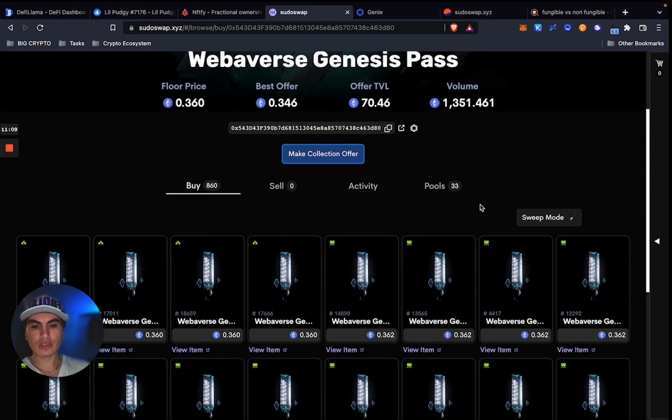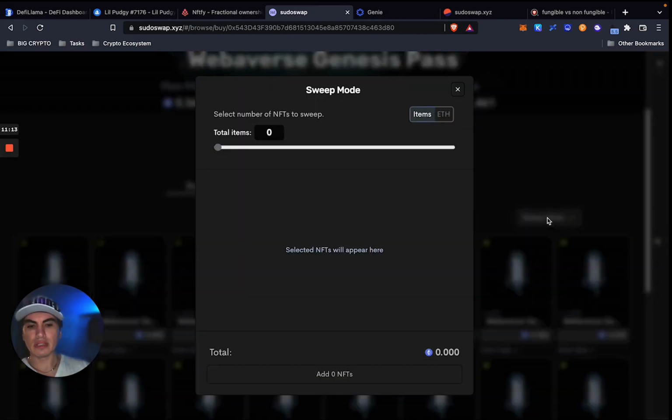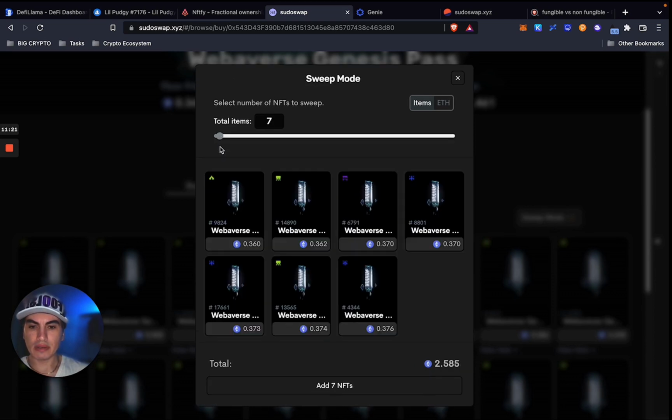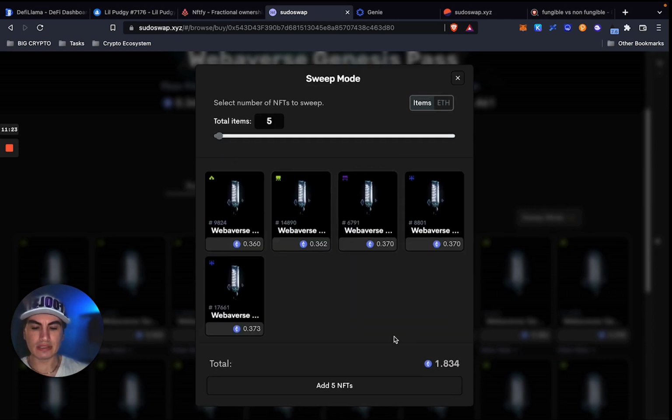And you can also do one cool thing called sweep mode. Sweep mode essentially allows you to buy the floor price on many different NFTs. And this is cool because, let's say you were to buy five NFTs here, it's going to cost you about 1.834. This buys them all under one transaction, versus in OpenSea you would have to manually buy one by one.